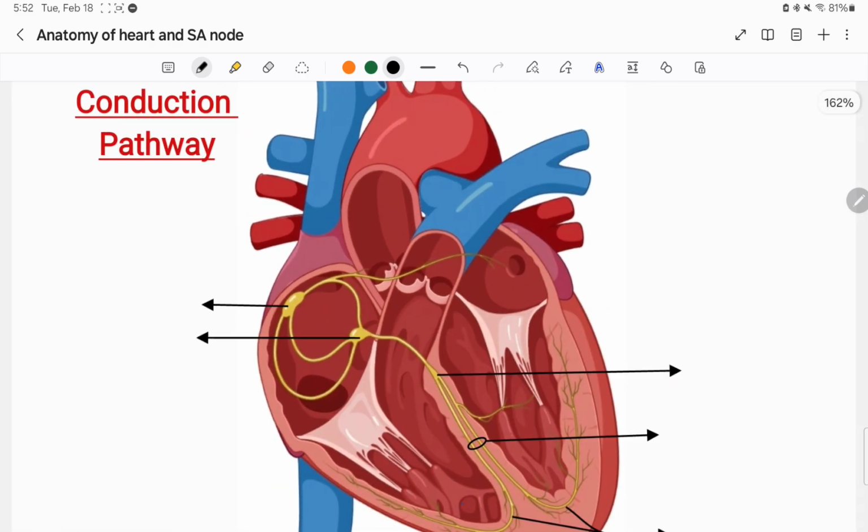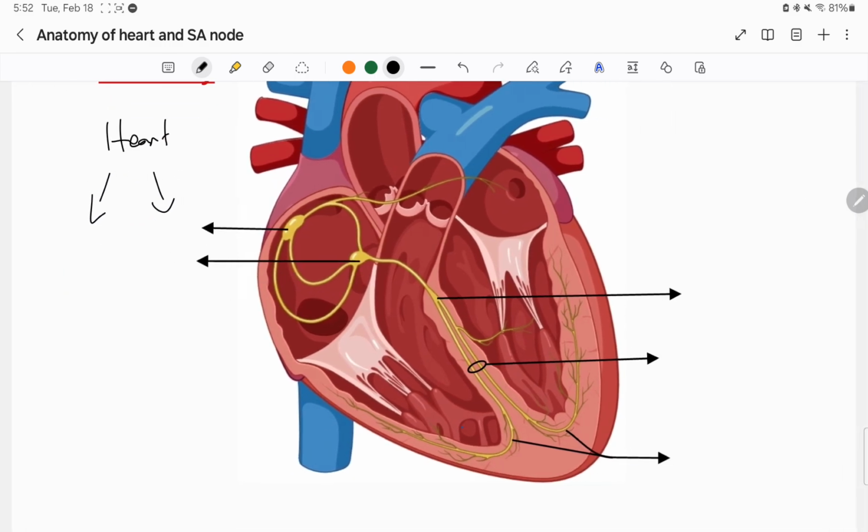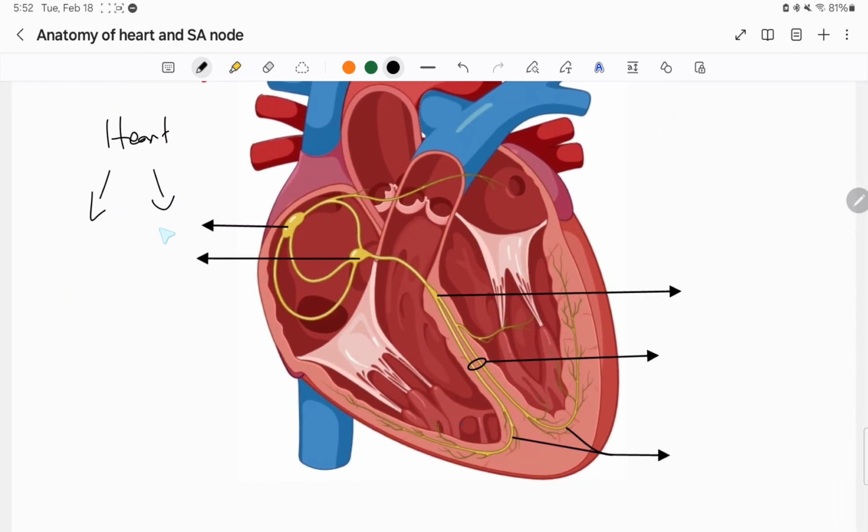In order to understand that, you have to know that the heart is made up of two main kinds of cells. There are other cells, but there are two main kinds. 99% of it is going to be the contractile cells, and if you remember from the last video, we called them the cardiomyocytes.